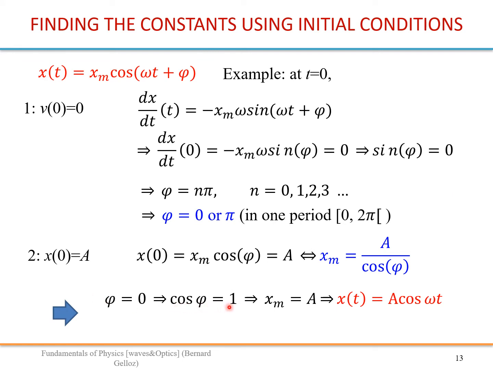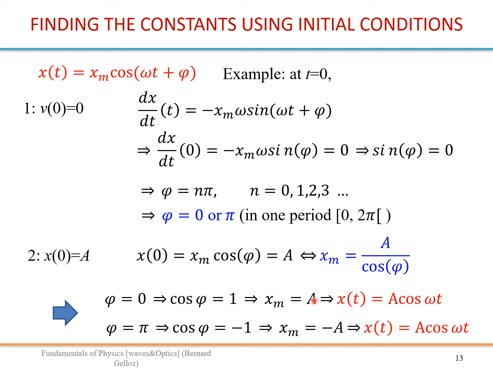Therefore, cos phi equals 1 and xm equals a, and our function finally is x of t equals a cos omega t. Alright, so this is nice, but let's see what happens with phi equal pi. So phi equals pi, cos phi equals minus 1, and xm equals minus a. So now it's minus a, it's not a.